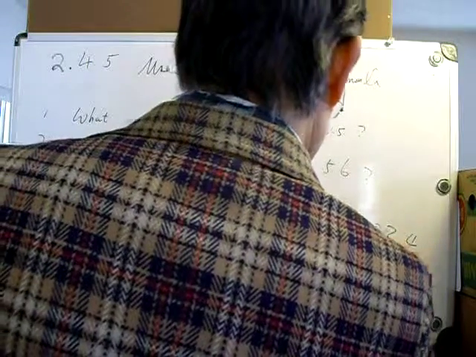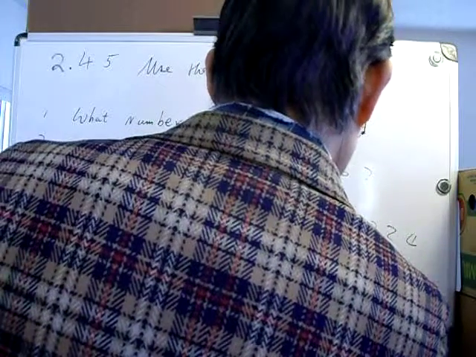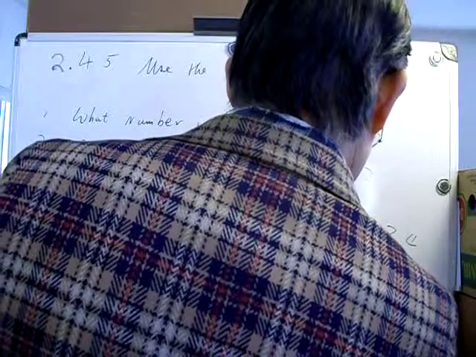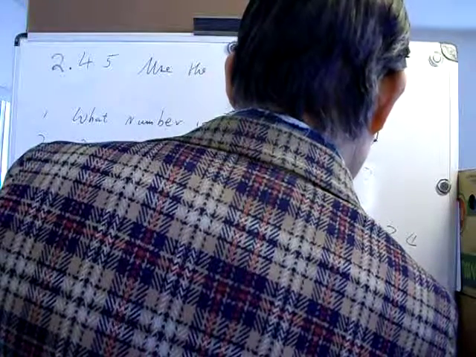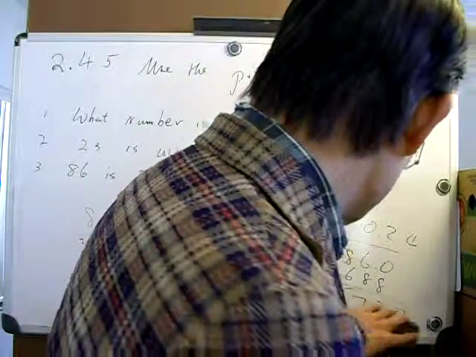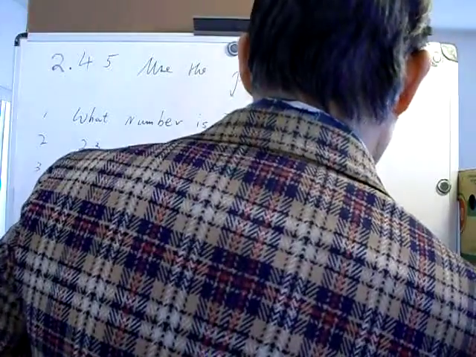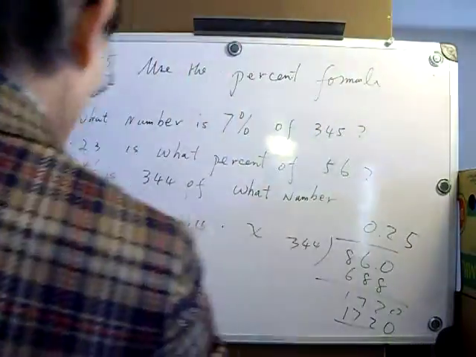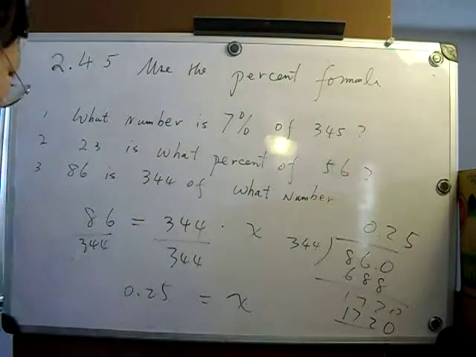So 4, 4, 16, 7, 4 here, 4 here, 3. Okay, maybe 5. Yeah, this one's evenly divided. So that number is 0.25, evenly divided.